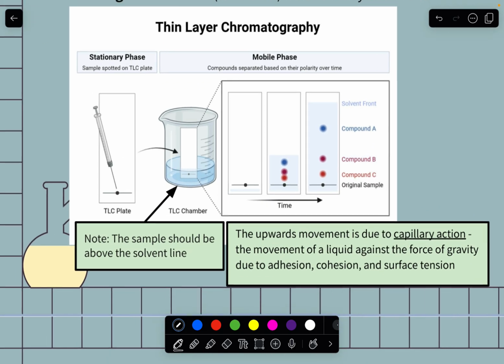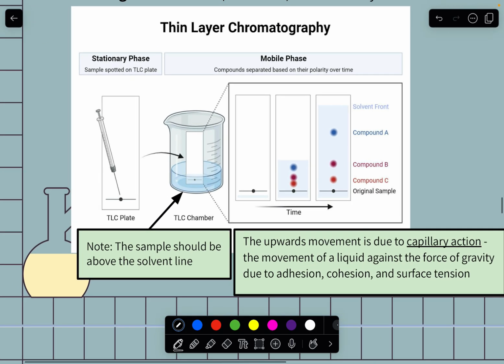Essentially what happens is you have this plate here, a silica plate, and you're going to put your sample on the bottom. That's what the dot is. You're going to put it into a beaker with a solvent, and a little note for this: the sample, the dot, should be above the water line. It should not be inside the water line. That's just the best picture I can find right now. The dot should be above the solvent line.